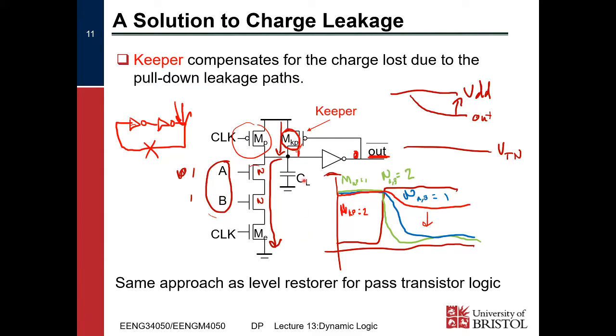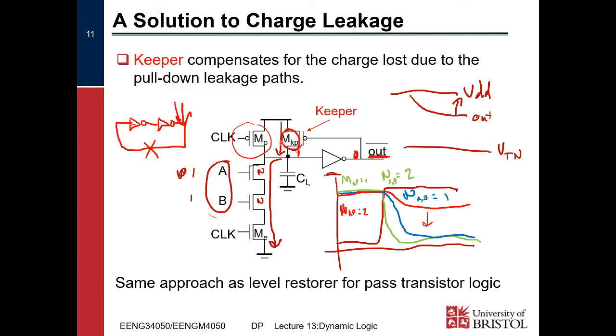We saw how we can use a keeper transistor to deal with charge leakage, where we just introduce a level restoring inverter, and then we use that level restoring inverter to drive a keeper transistor, which pulls the internal output node high. But then we saw that our logic becomes ratioed. This pull down network needs to be able to overpower that keeper transistor.